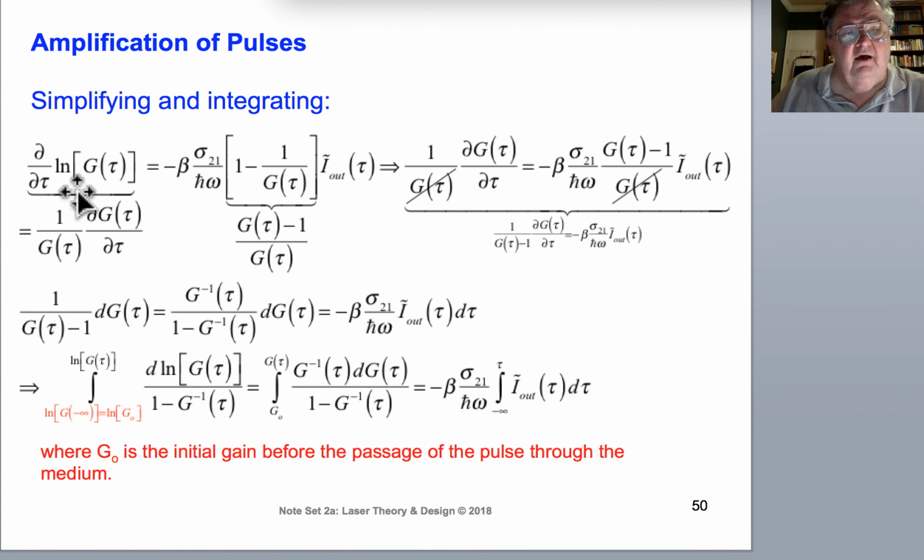d dtau of the ln of g is 1 over g dg d tau, okay? This thing we could write like this, so I could cancel out the g of tau on both sides here, right? So I get 1 over g minus 1 dg.